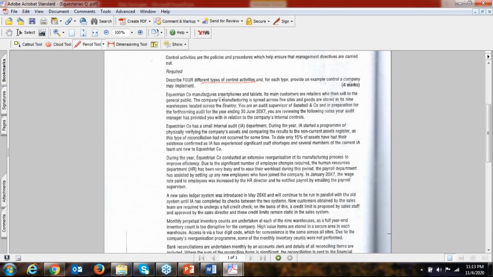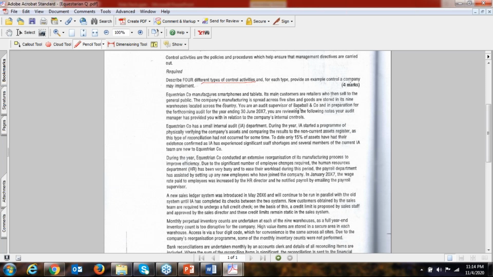Now we are going to study the question and realize what the question is. Equestrian company manufactures smartphones and tablets. Its main customers are retailers who then sell to the general public. The company's manufacturing is spread across 5 sites and goods are stored in 9 warehouses located across the country. You are an audit supervisor of Baseball.